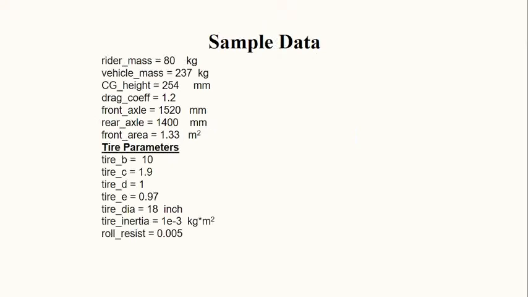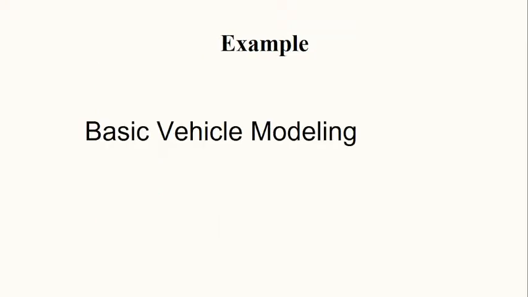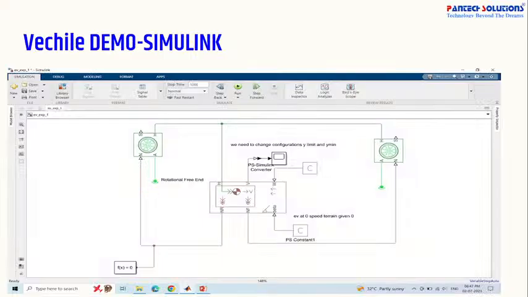Here we are making the file, and we can take some sample data like rider mass, vehicle mass, center of gravity, drag coefficient, front axle, rear axle, front area, and tire parameters. Here some values are showing. Let's check that. This is called the basic vehicle body.